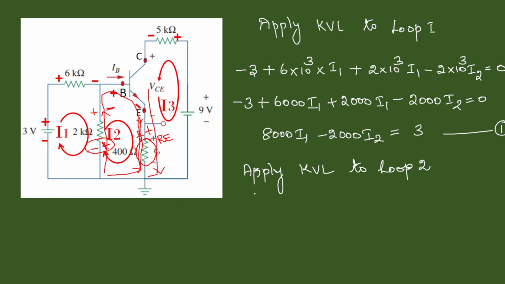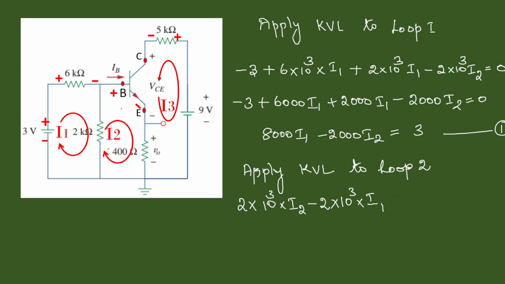So we start from here, right? So it is plus 2 kilo ohm, so 2 into 10 power 3 into that I2 current is flowing, minus at the same time I1 current is also flowing in the opposite direction. So it is minus sign multiplied by this I1. Okay.